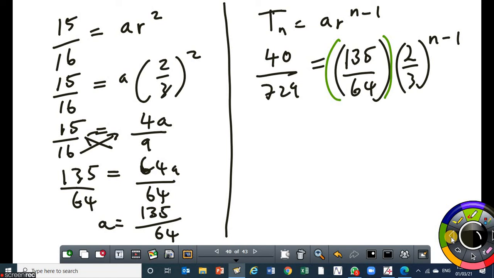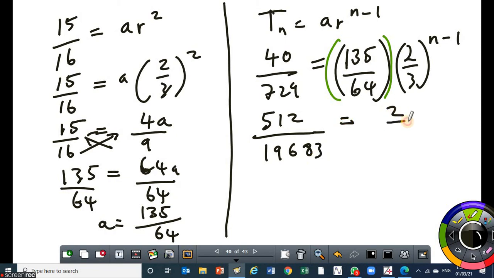What is it? 512 over 19,683. This will equal 2 over 3. Okay, can you verify the answer?